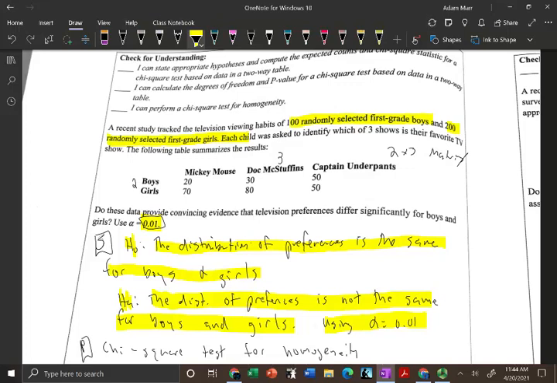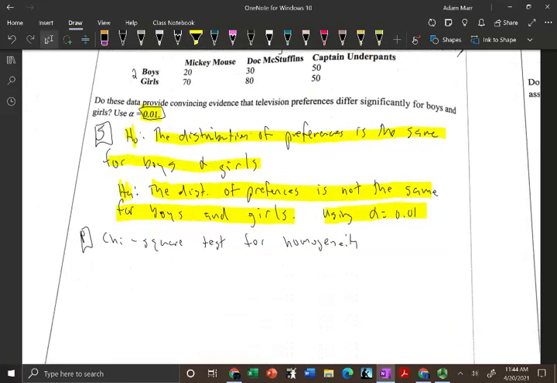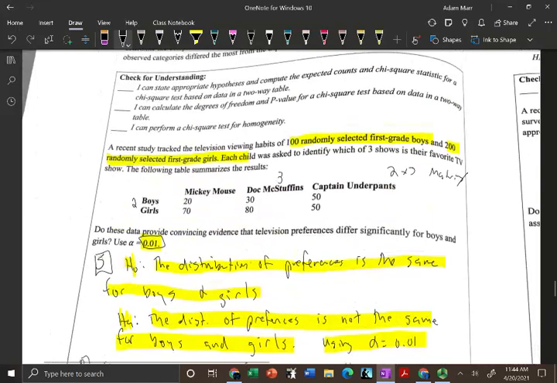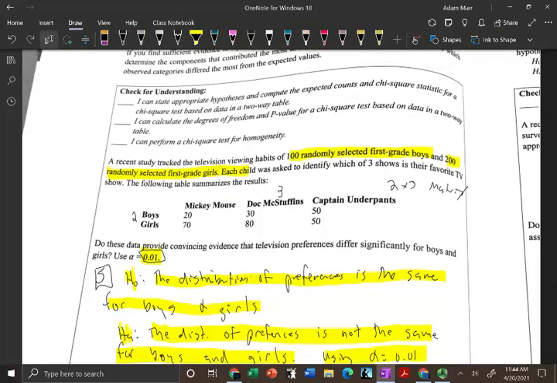No problem. Plan. For the plan, the first thing we mention is the actual test: the chi-square test for homogeneity. Next, we write random, and we had two random samples, didn't we? We have a random sample of 100 randomly selected first grade boys and 200 randomly selected first grade girls.